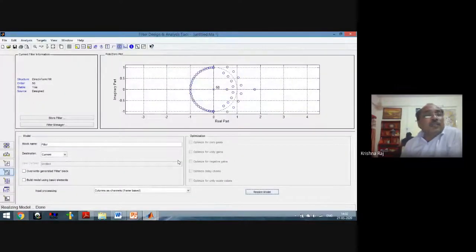system, then at the time of selection, when you select this one, you have to select the column as a channel, frame based, or element as a channel. Then we will select the element as a channel, and we will realize the model and see how this system is realized.